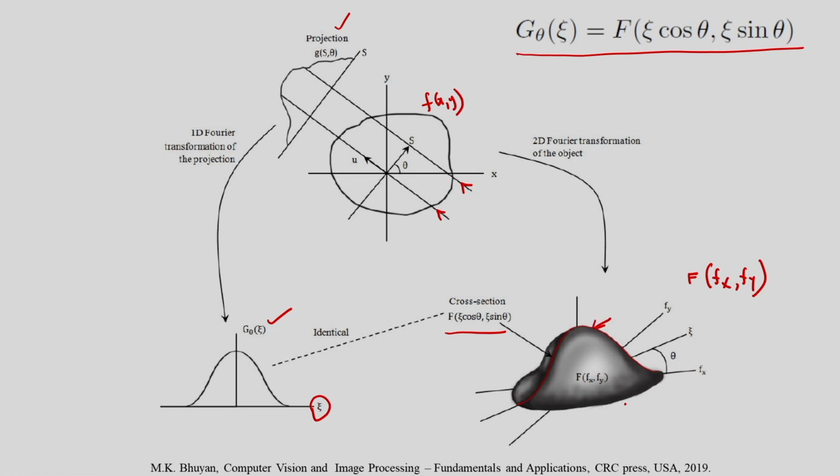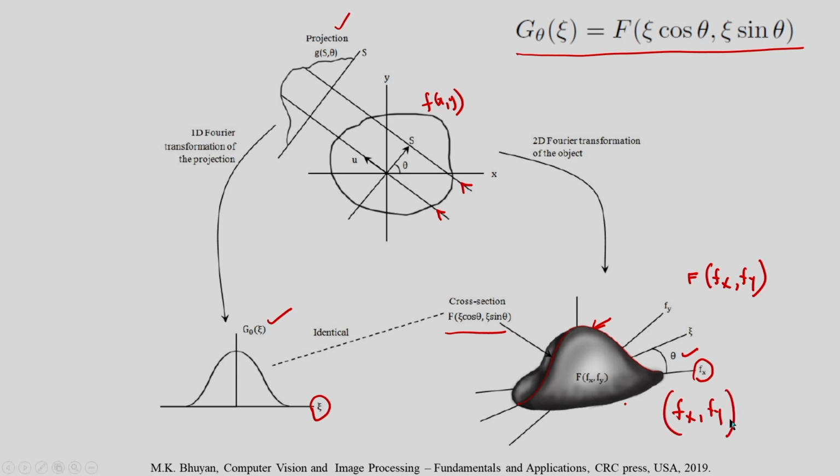This cross section is the cross section of the 2D Fourier transform of the object sliced by a plane. The plane is at an angle theta with respect to the fx axis, and this plane is perpendicular to the plane (fx, fy).